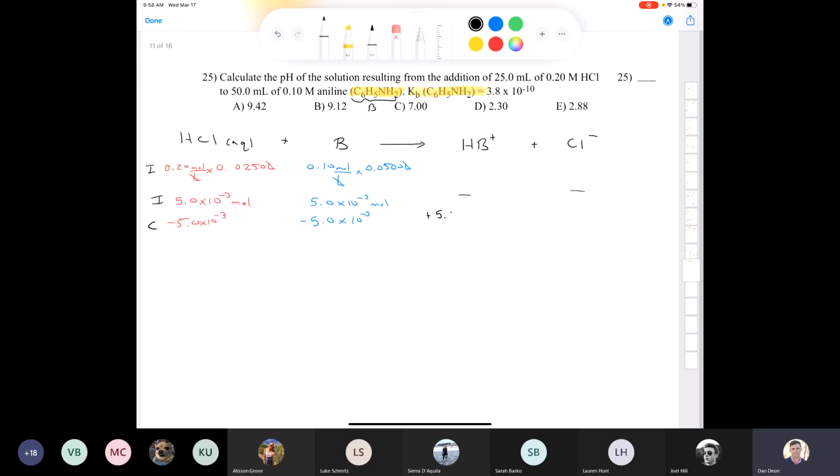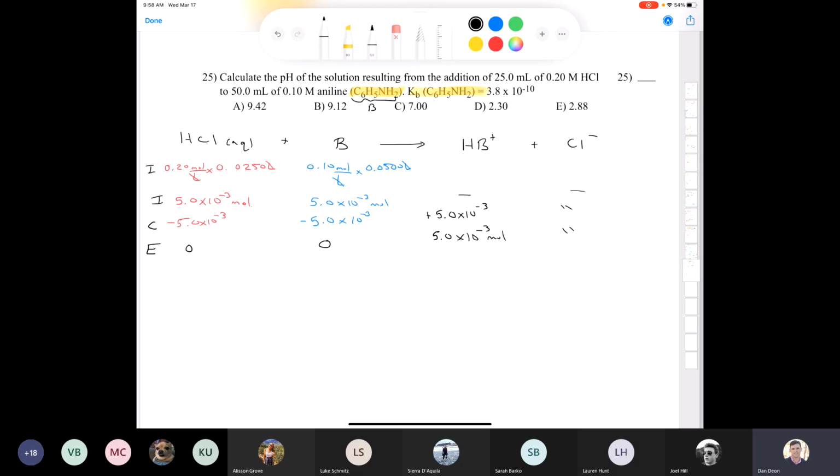We're going to form 5.0 times 10 to the negative 3 moles of the conjugate acid. So that means at equilibrium, we got none of this, and we have 5.0 times 10 to the negative 3 moles of the conjugate acid. I know we have the same thing here, but we don't care about the chloride because chloride doesn't affect pH.